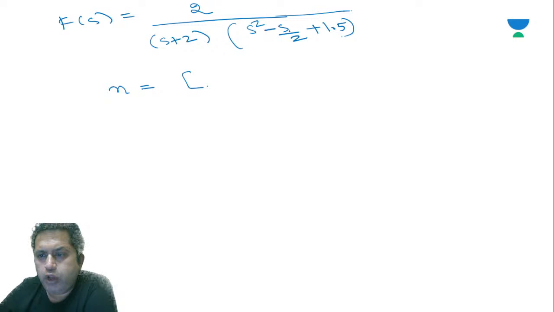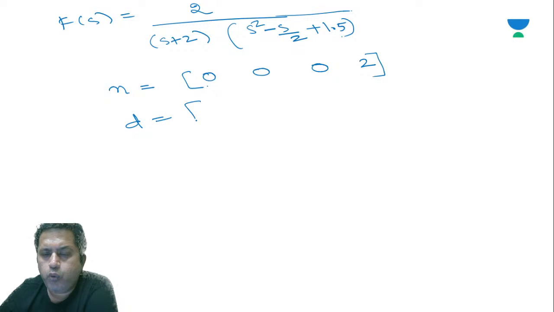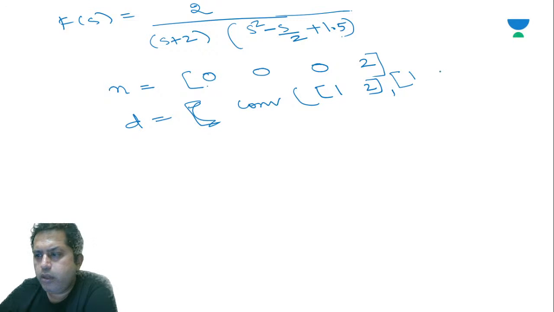Naturally, in the denominator s cube term is there, so s cube term in numerator is 0, s square term is 0, s term is 0, constant term is 2. Denominator you can write down now using convolution: 1 comma 1 space 2 comma 1 minus 0.5 plus 1.5.